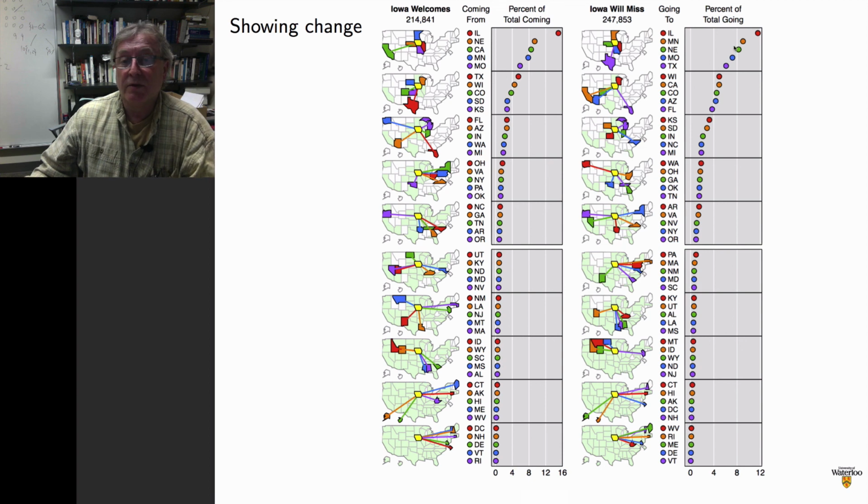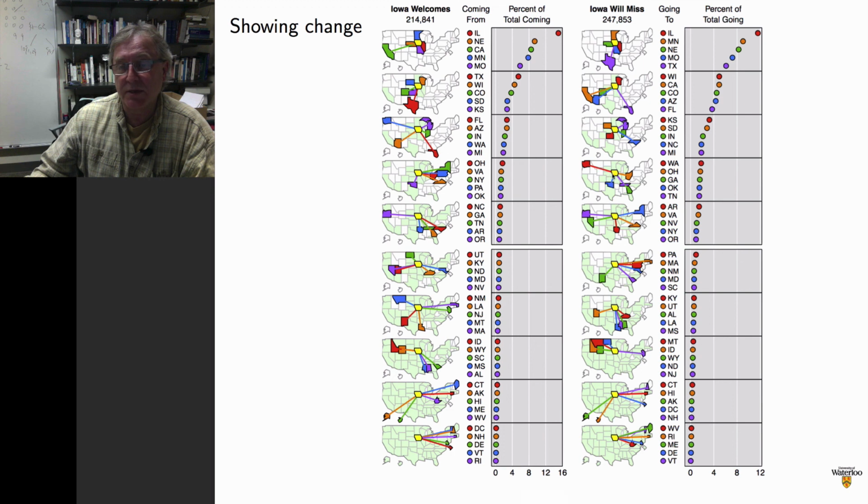So these are two sets of micromaps side by side, and what we're showing is the flow into Iowa. Again, light green showing the cumulative states that have already appeared. Seeing the light green flow into Iowa in this column, and the flow out of Iowa in this column.